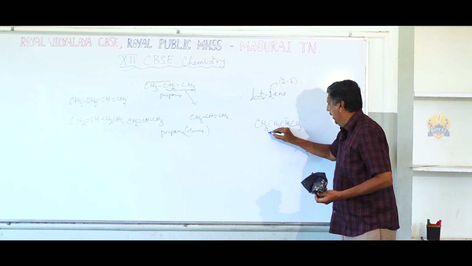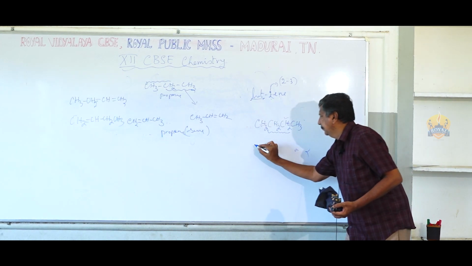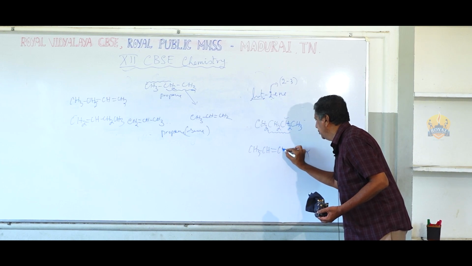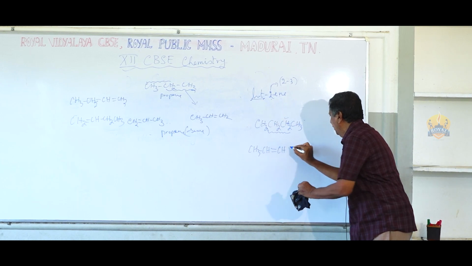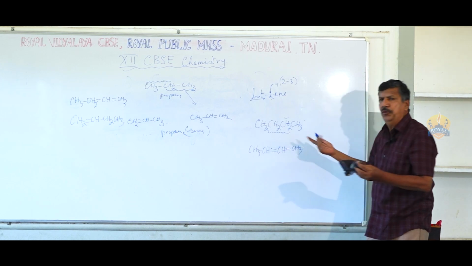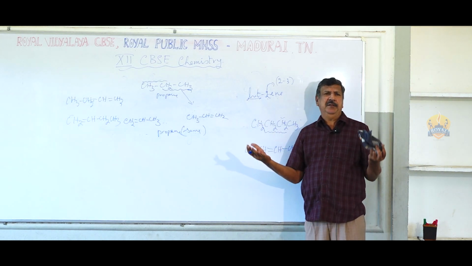You see, like this, between 2 and 3. I'll write CH3, CH double bond CH, CH3. That's all. This is but-2-ene.